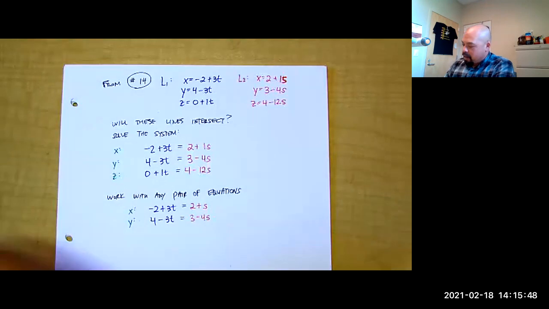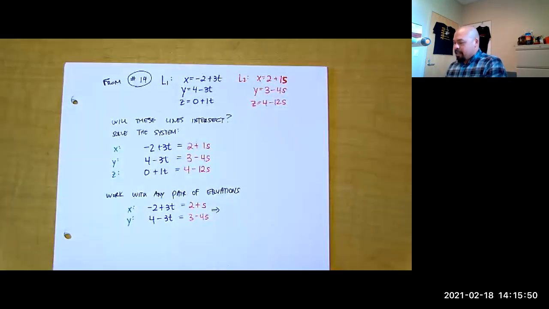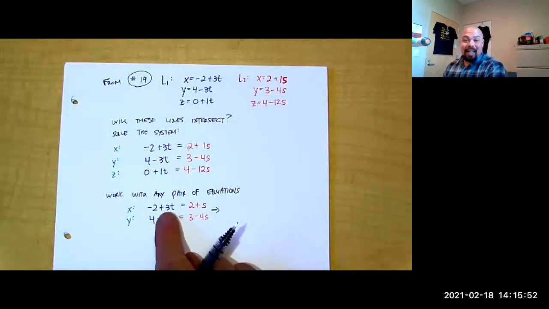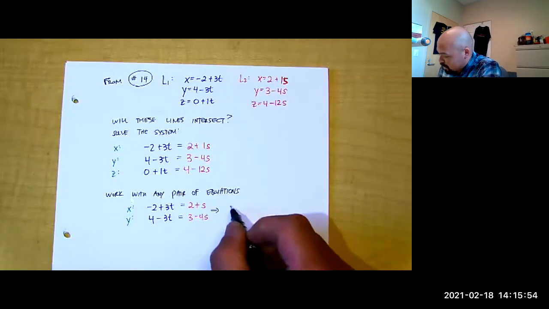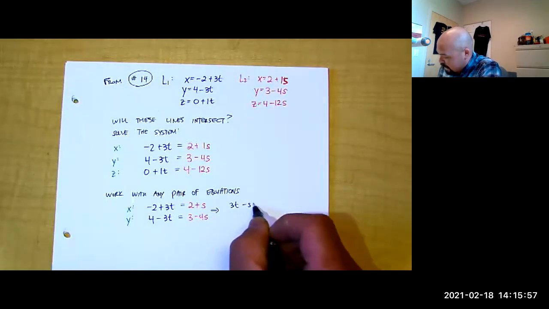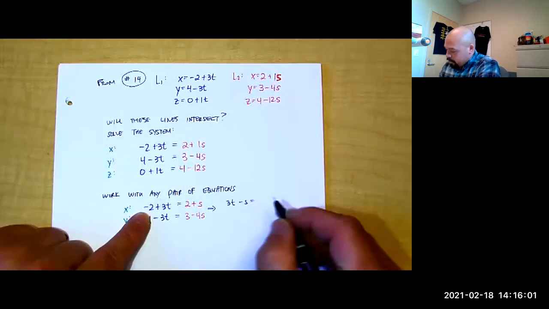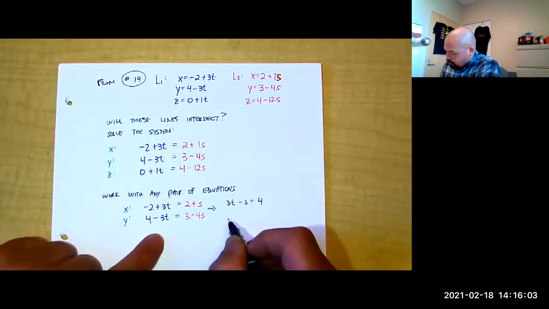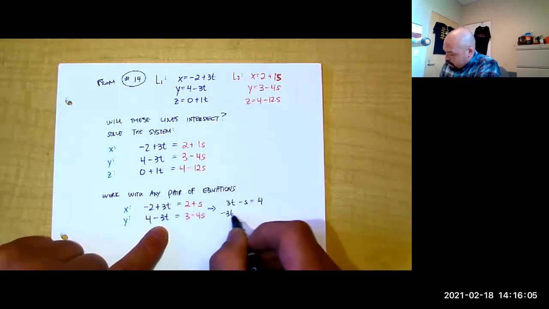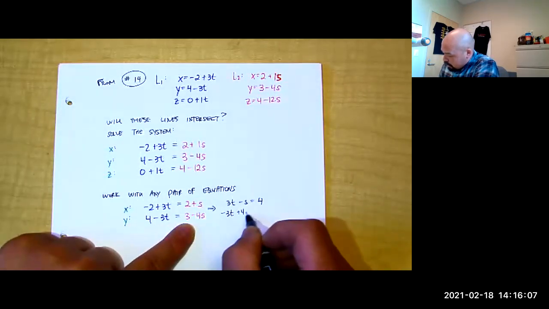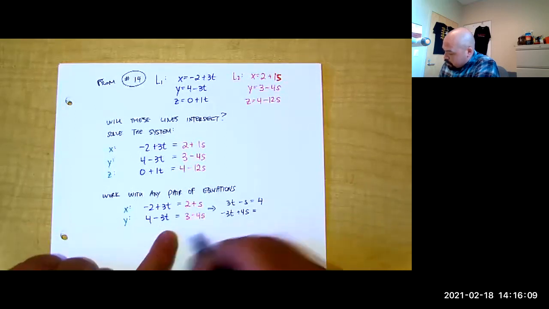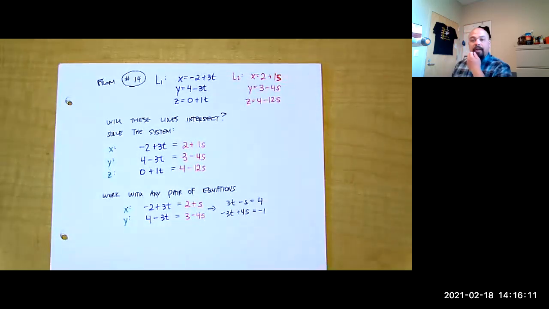Out of common habit with algebra, bringing all my variables to one side and constants to the other, I can make this the same as 3t minus s, subtracting s over, adding that 2 over, is equal to 4. And -3t plus 4s is equal to, subtracting that over, -1, right, for instance.